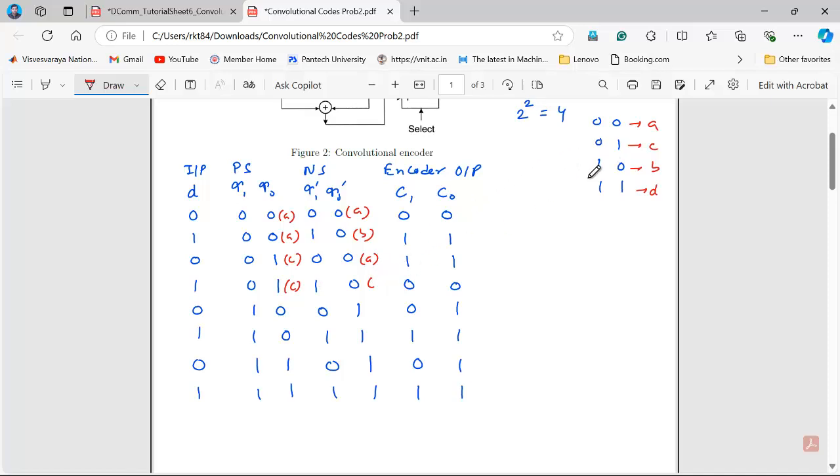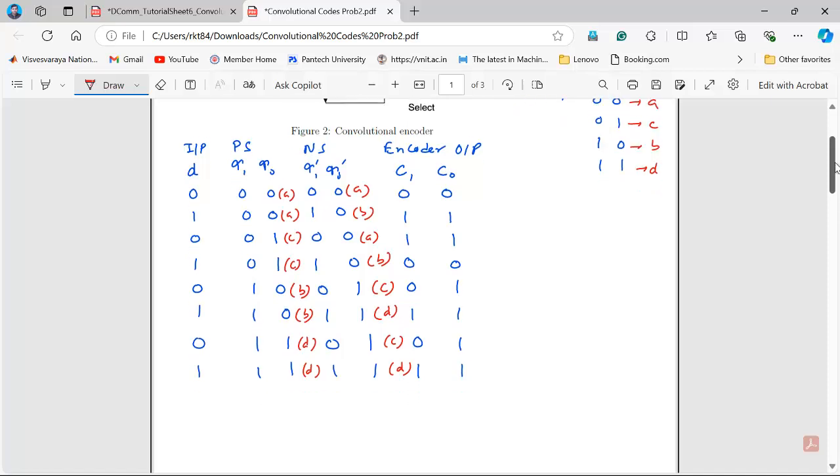Then 1 0 is B, so it is going from C to B. 1 0 is B, and 0 1 is C. Do not commit any mistake here, because if you make a mistake in the assignment, your answer will obviously be wrong. So take care during assignment. 0 1 is C, and this is D, and this is D. Make the table a little clearer.